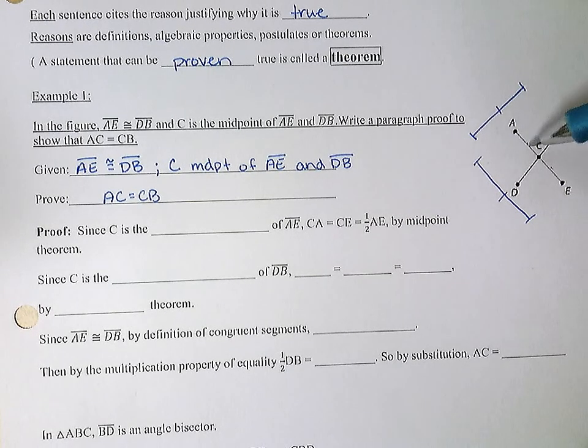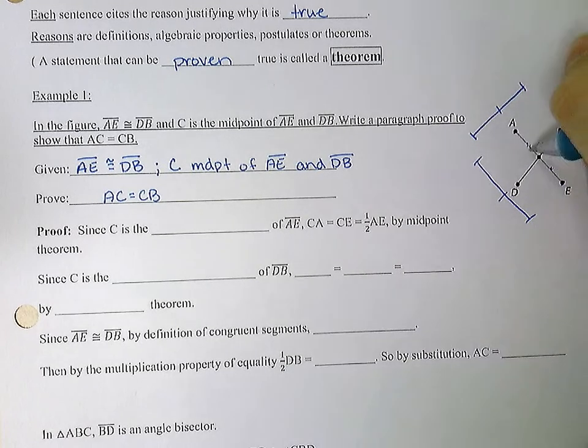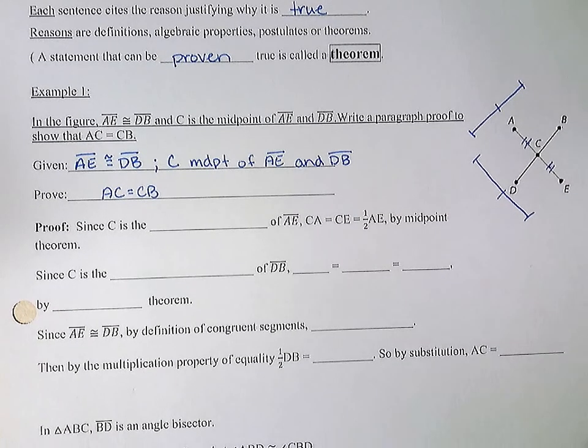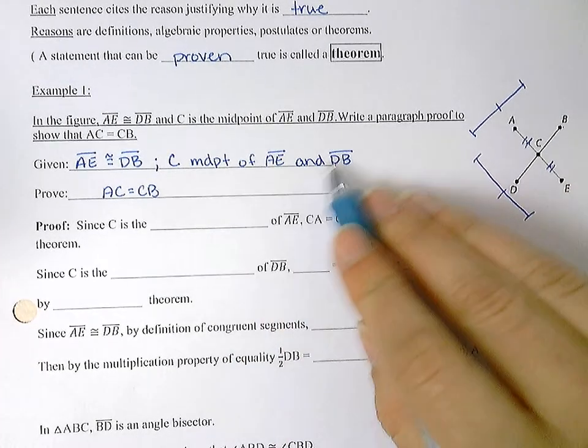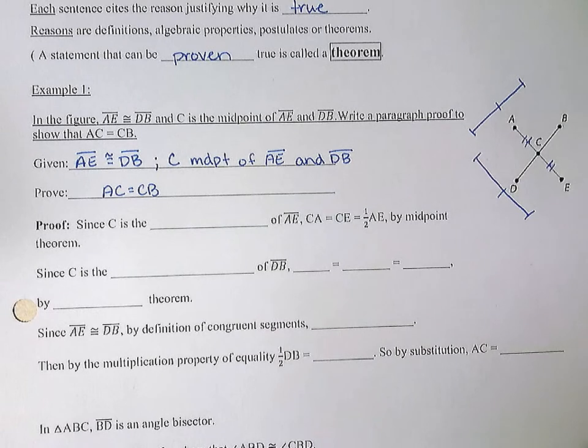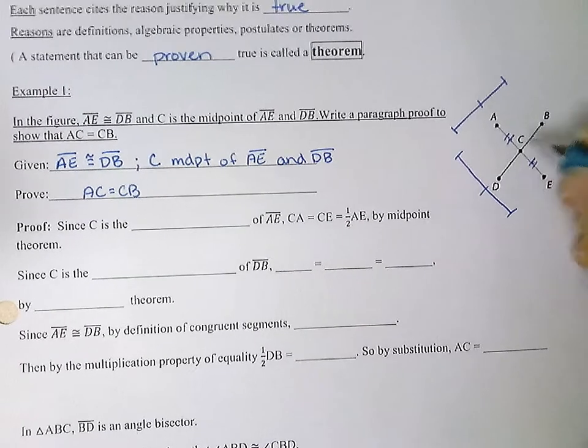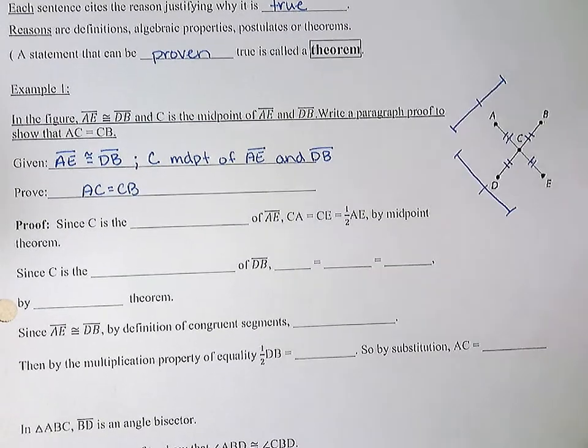If C is the midpoint, they're congruent, right? Whatever I label, I have to include in my proof somewhere. Since I labeled that those are congruent, that has to be written in my proof somewhere. Now, C is also the midpoint of DB, right? So since C is that midpoint, again I can conclude that those two segments are congruent.